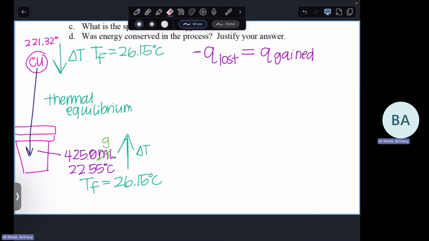So that means Q for my copper is equal to Q for my water.